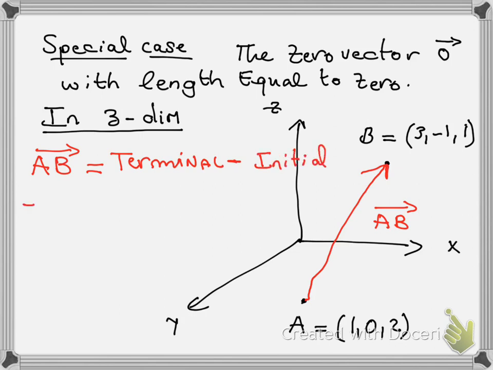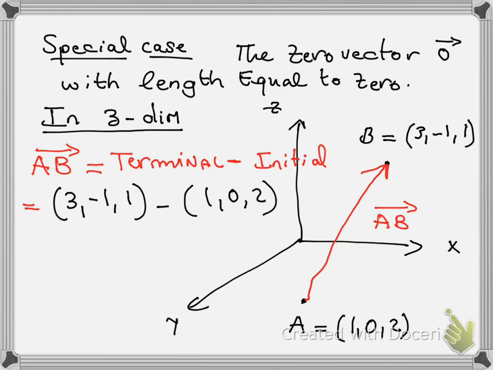So in this example, the terminal point is 3, -1, +1, minus the initial point, which is 1, 0, 2.